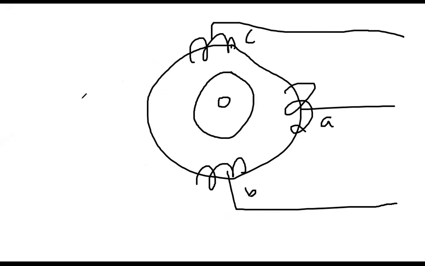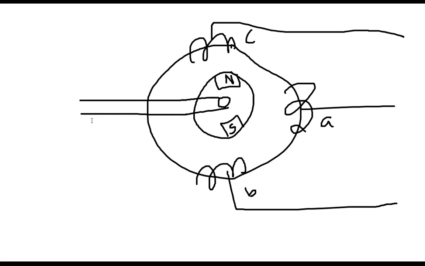This is your rotor circuit. So here you have that North Pole and South Pole. So we were discussing three things here: DC excitation, and then AC excitation, and then also what we are calling static excitation.